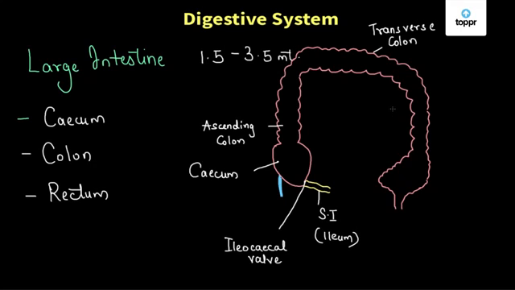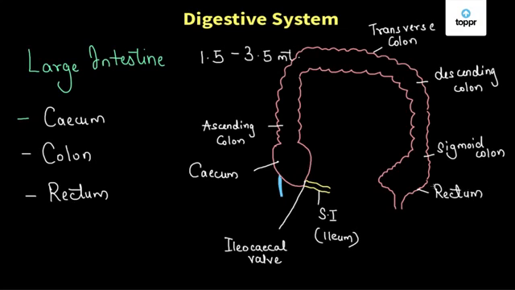Then next part is the descending colon. Next, this is the sigmoid colon. Okay, lastly, this is the rectum.